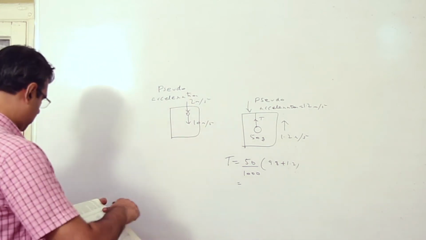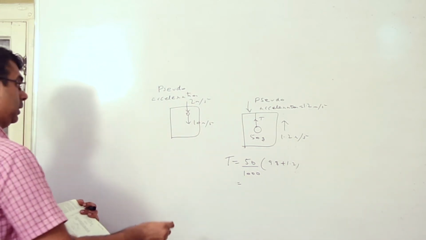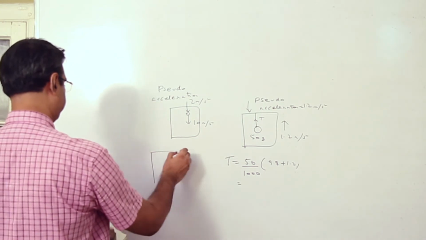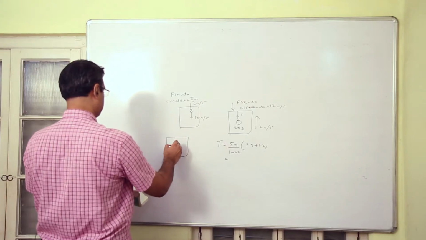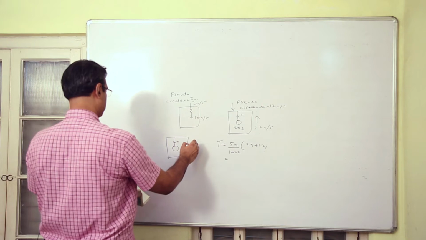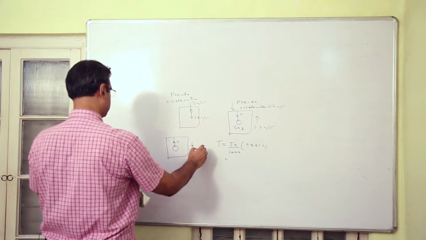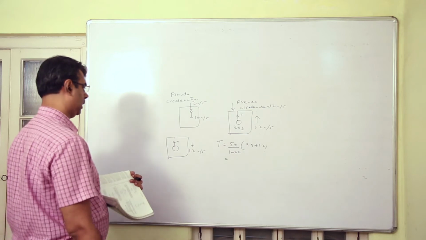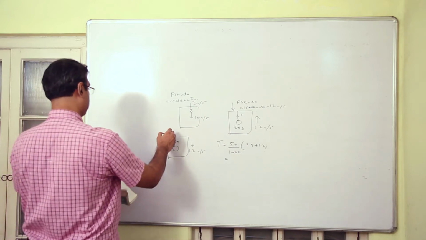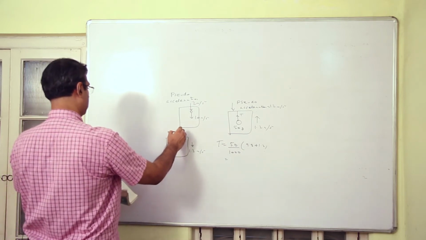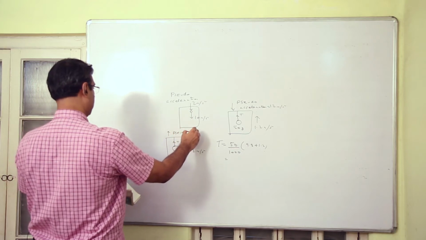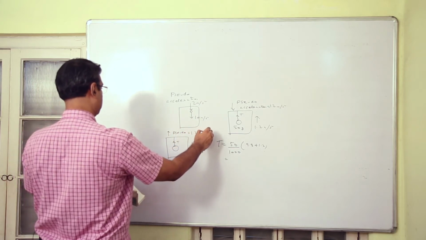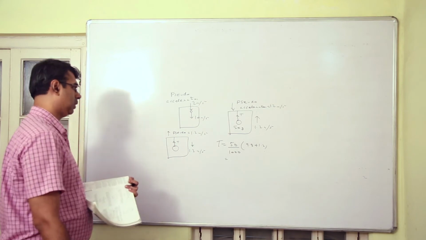Now if in the same question it was written that the elevator is going down with an acceleration of 1.2, instead of going up, then the pseudo acceleration will be 1.2, but it will act upwards.